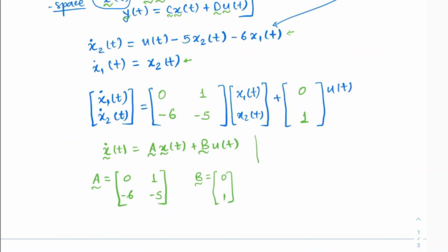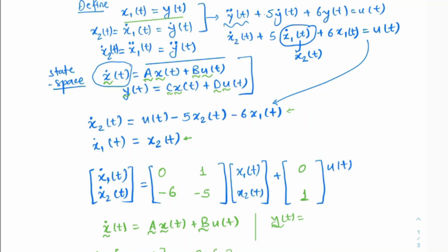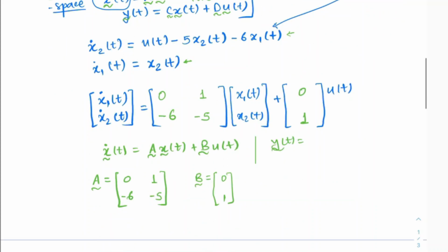Let's also, for the sake of completeness, write y of t. y of t was x1 of t, so it is 1 times x1 and 0 times x2.